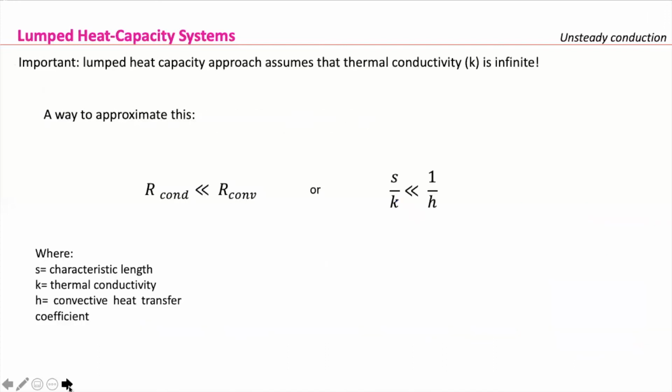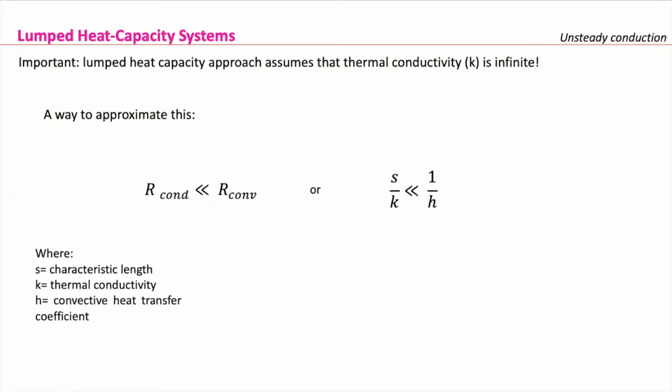Okay. So very important then that in the lumped heat capacity approach, we assume that the thermal conductivity k is infinite. And a way to approximate this is by considering that the resistance by conduction is much smaller than the resistance by convection, or S over k is much smaller than 1 over h, where S is the characteristic length.